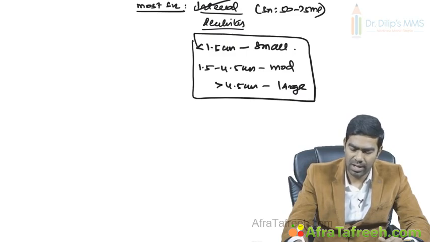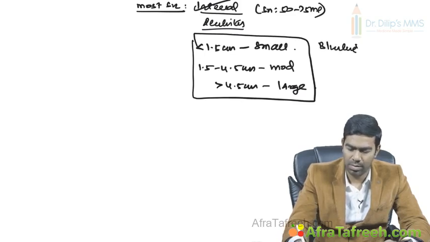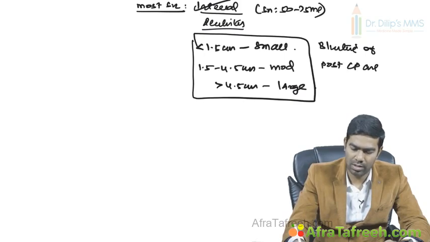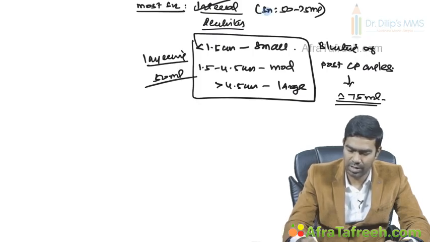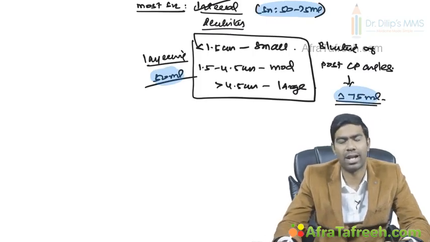And apart from that, in the lateral decubitus itself, you have one more sign called blunting of posterior costophrenic angles. Blunting of posterior CP angles. That will typically happen at approximately 75 ml. But this layering effect will happen at 50 ml itself. And that's why I told you the sensitivity is approximately 50 to 75 ml for a lateral decubitus.